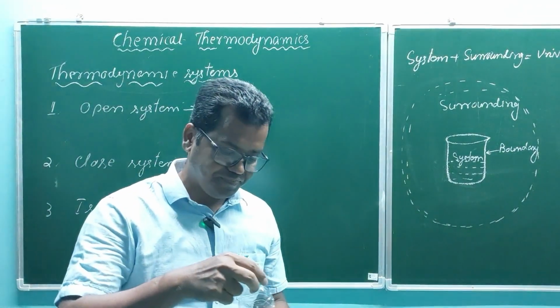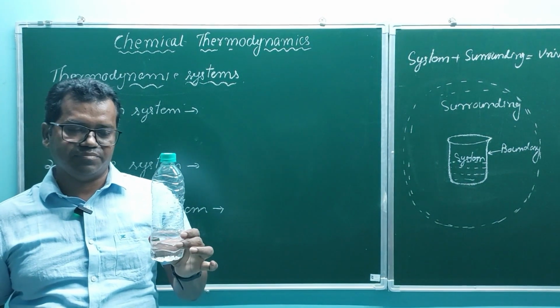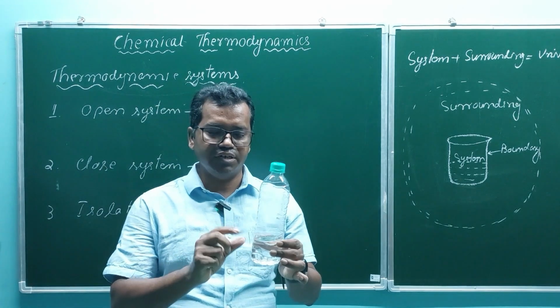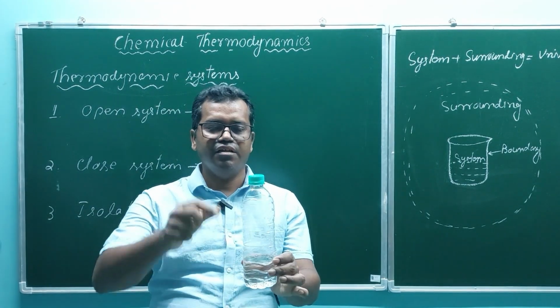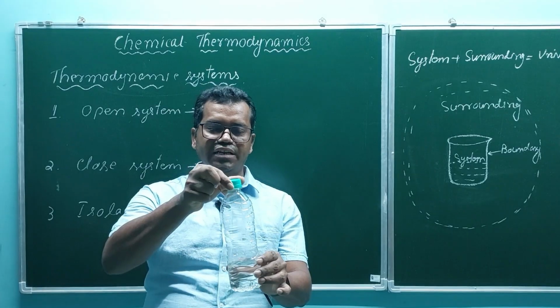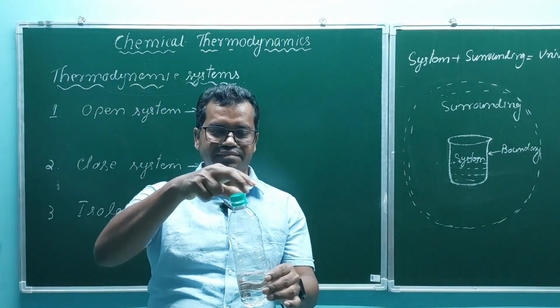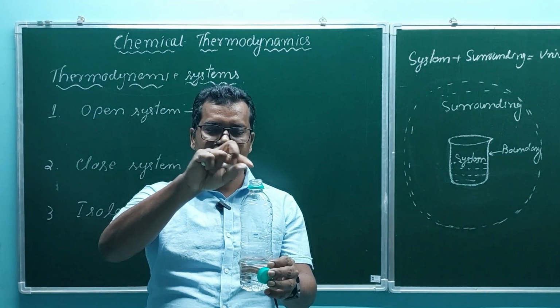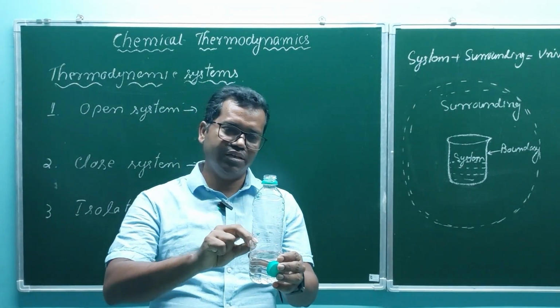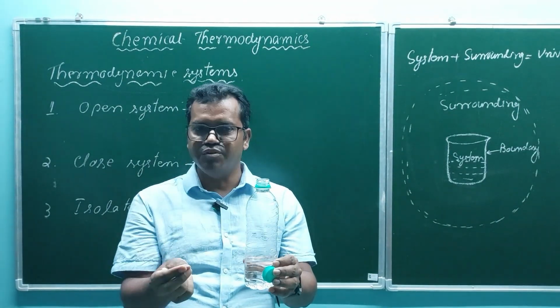For example, this is a system. This water bottle containing some matter, some water, is a system. Suppose the cap of the water bottle is open. Now we can add water into the bottle. We can remove water from the bottle.